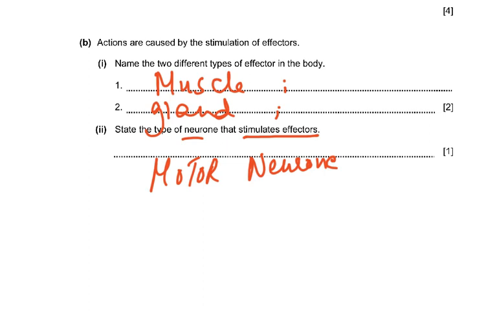Saliva is made by the salivary glands in anticipation of you starting to eat, which will be helpful, of course. So the type of neuron that stimulates effectors is the motor neuron, and the effectors are only two types: either muscles or glands. That's it, no other story.